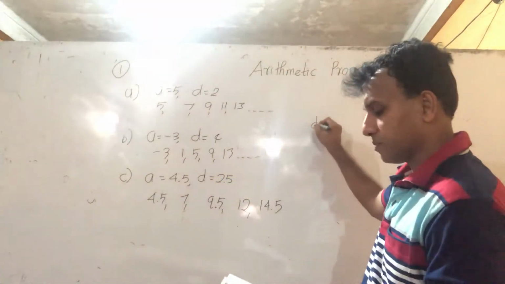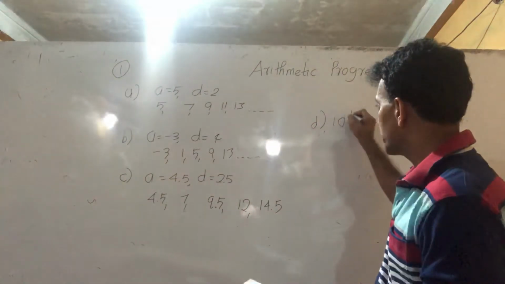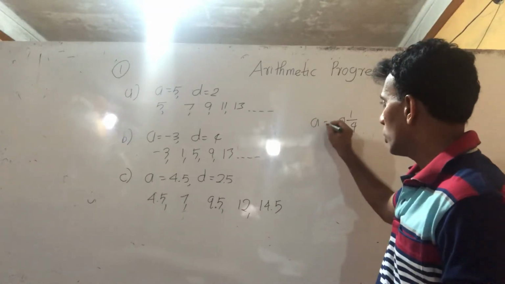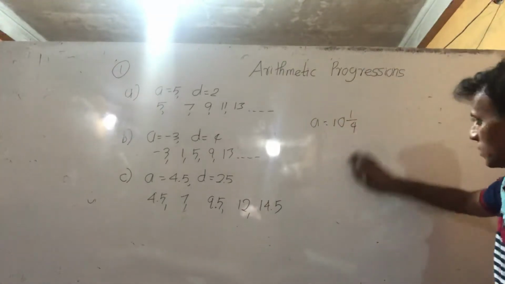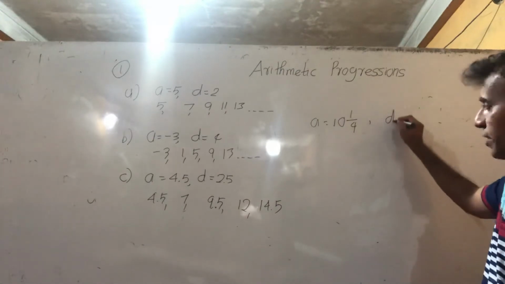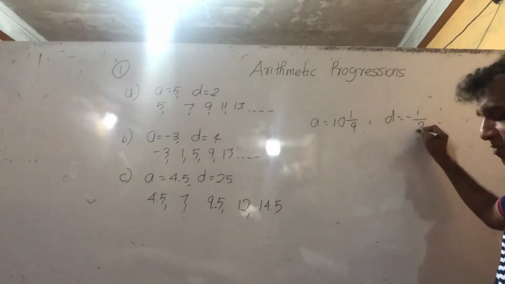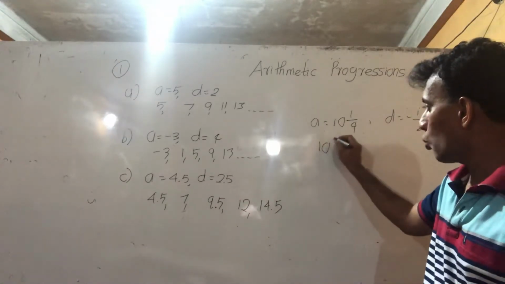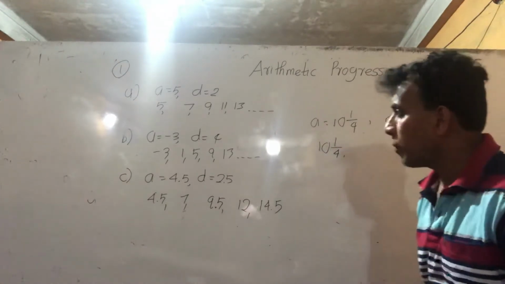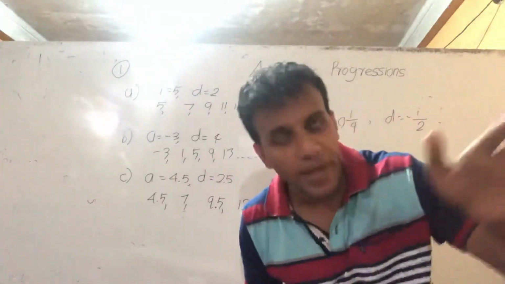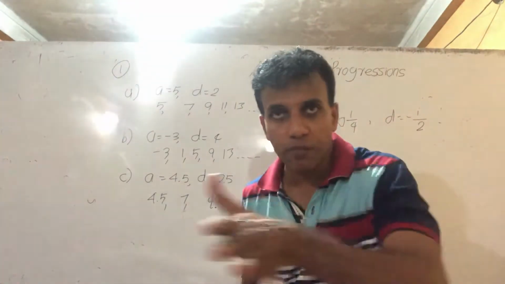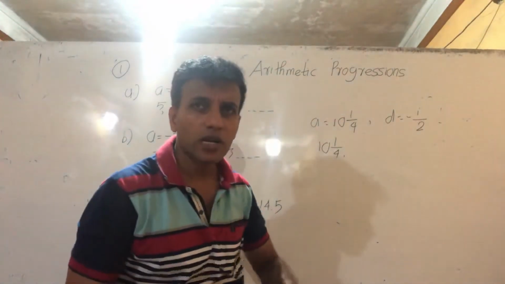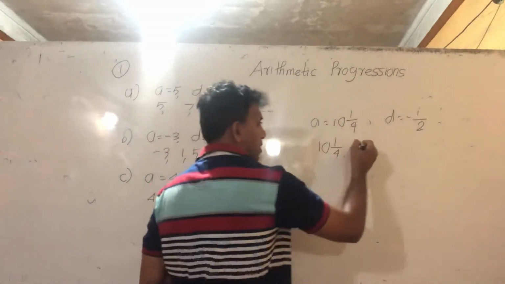D part, 10 1/4. This is a equals 10 1/4, common difference is minus 1/2. How is that? First term 10 1/4. If the common difference is negative, you subtract, deduct from that value. So 10 1/4 minus 1/2 is what? 9 3/4, is it?